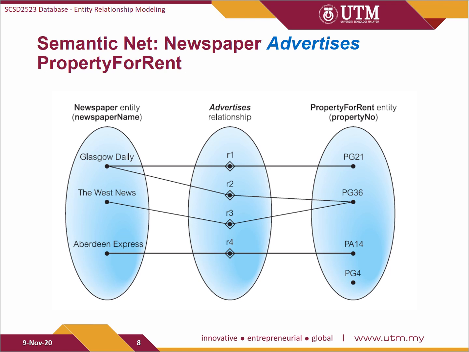Okay, next is about the many-to-many relationship. We consider the relationship Advertises here, which relates the Newspaper and PropertyForRent entity types. There are 4 occurrences of the Advertises relationship in this semantic net. From this figure, we can see that Glasgow Daily advertises properties PG21 and PG36.